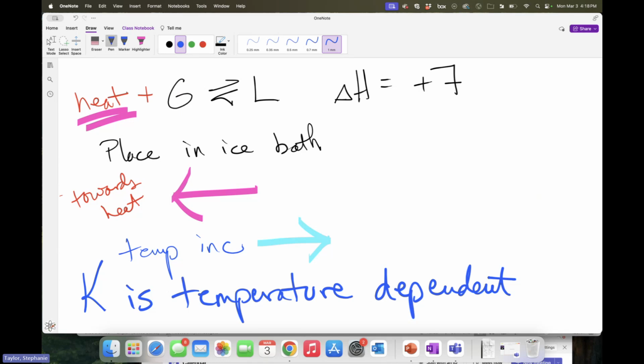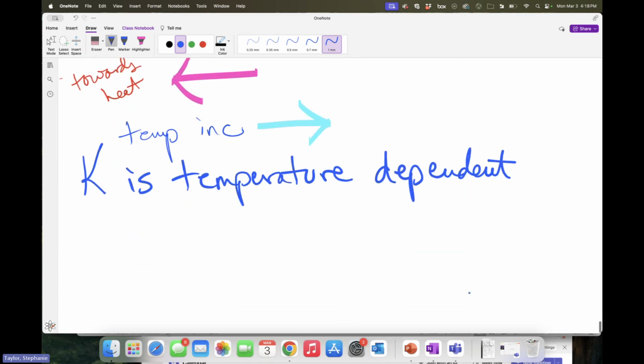And that's actually why everything works the way it does. So temperature change is not a K versus Q thing. Temperature change actually changes your equilibrium constant. So when you're changing the temperature, you are actually changing your value of K.